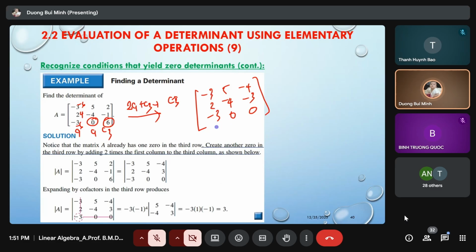So you get the determinant of A is -3 times the cofactor C3,1 of the matrix B. Of course you can get -3, and then you can get -15, -60.